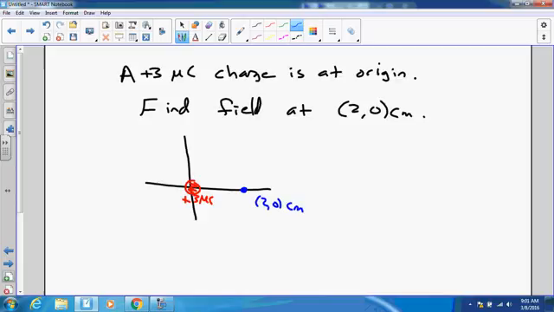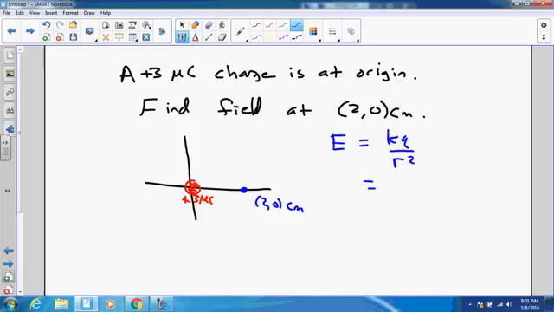So we're going to use what we can call Coulomb's field law, kQ over r squared, to generate the magnitude, and then we're going to use our straight out, straight in idea to generate the direction. So the field is going to have a magnitude of k times Q over r squared. Part of the tricky thing is to pay attention to the units.